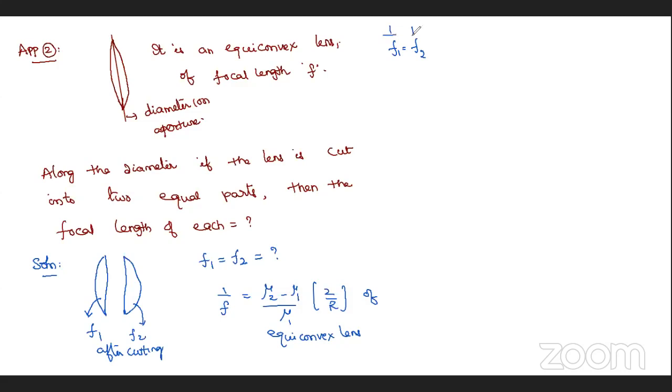So 1/f1 equals 1/f2 equals (mu2 minus mu1) by mu1 into only 1/r. This is the reciprocal: 1 by 2f, the 2 taken to the other side. That implies f1 equals f2 equals 2f. This means in this cutting, the focal length is doubled, not halved.